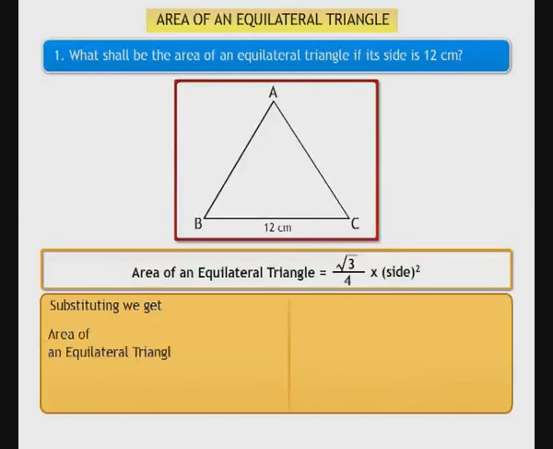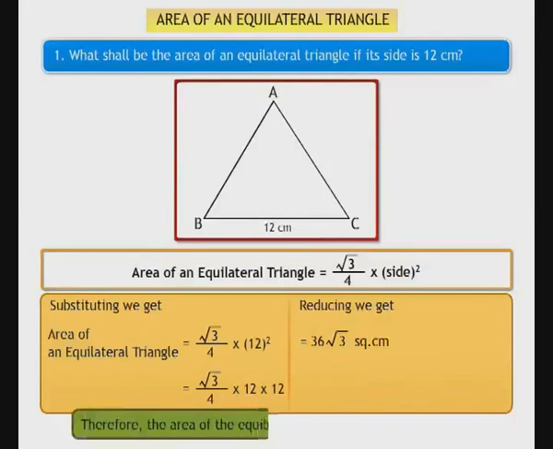Therefore, area of a rhombus is equal to 1 upon 2 into 84 into 42. By reducing, we get area of a rhombus is equal to 1764 square centimeter. The area of the rhombus ABCD is 1764 square centimeter.